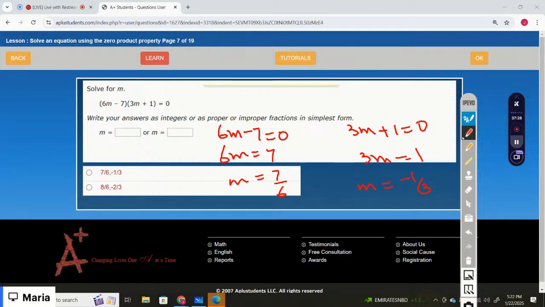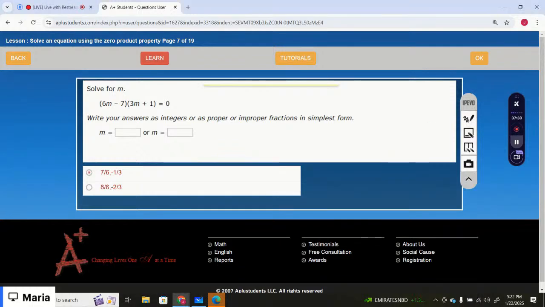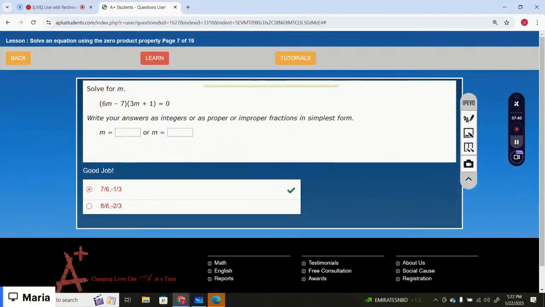The correct option is 7 by 6 and negative 1 by 3. Option number 1 is the correct option.